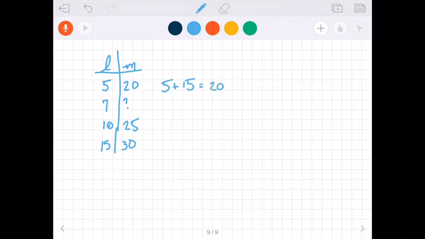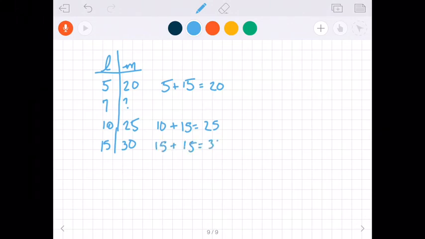Does that work for this one? 10 plus 15 equals 25. Oh, good. Let's just make sure: 15 plus 15 equals 30. So we have figured it out, and that means we can come back and answer this unknown. What is 7 plus 15? It's 22. So we can write 22.